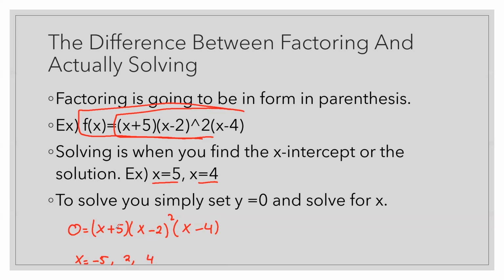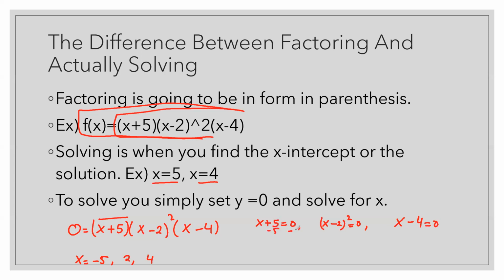If you can't see it, what you can do is set each factor to 0 and solve for x. So we actually have 3 parts. The first part is x plus 5, set it to 0. x minus 2 squared, set it to 0, and then x minus 4, set it to 0. And then you know how to solve for x.